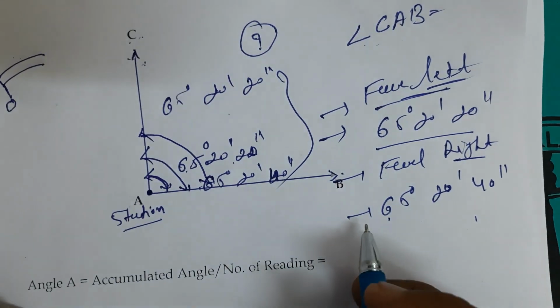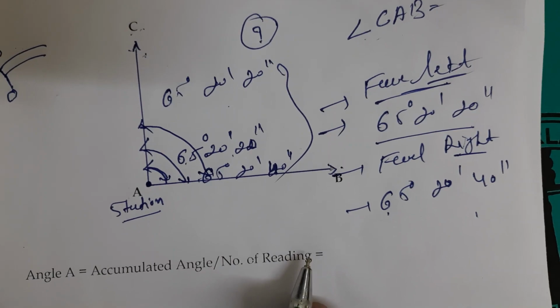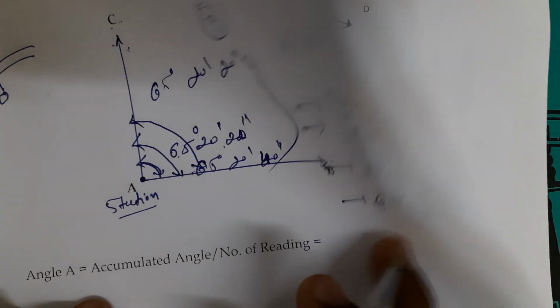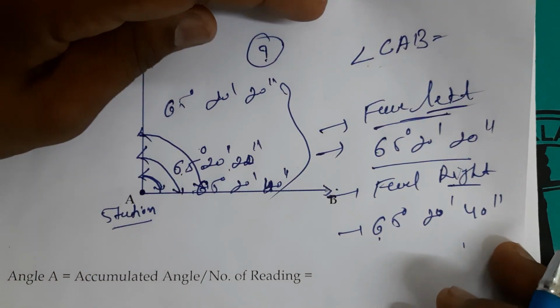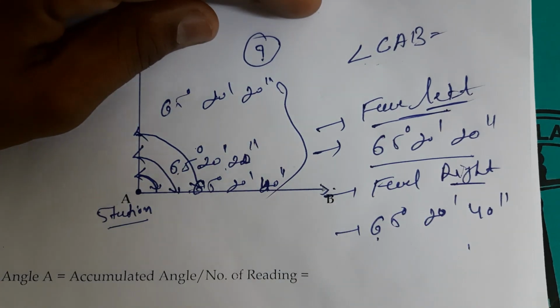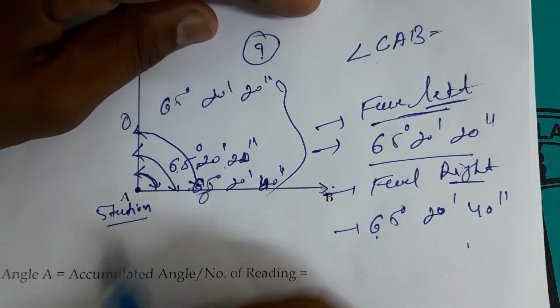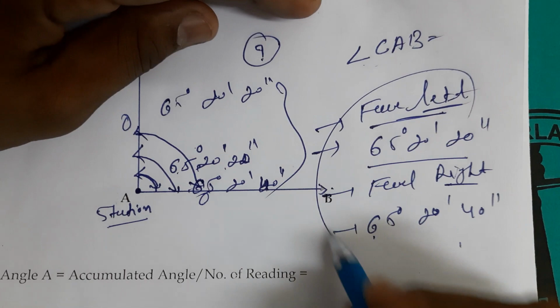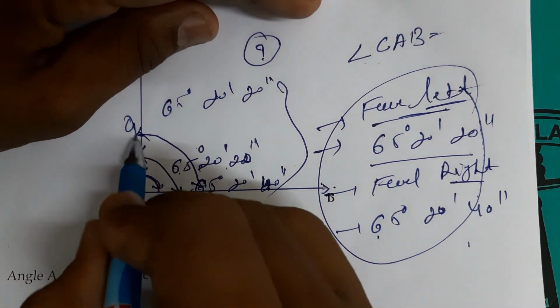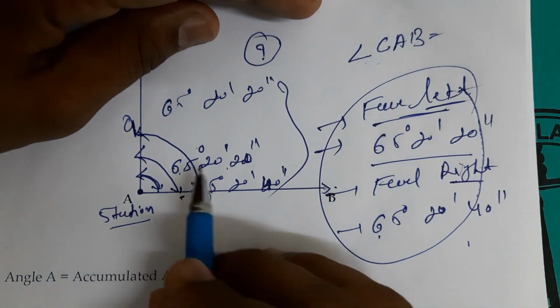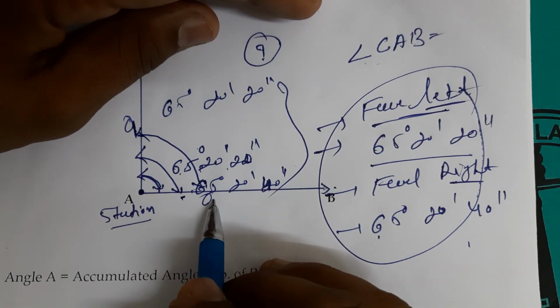Then we need to add. This is the average value, and this is the difference between this and this. It is the difference between when you measure here and then bisect here, exactly the 65 degrees.